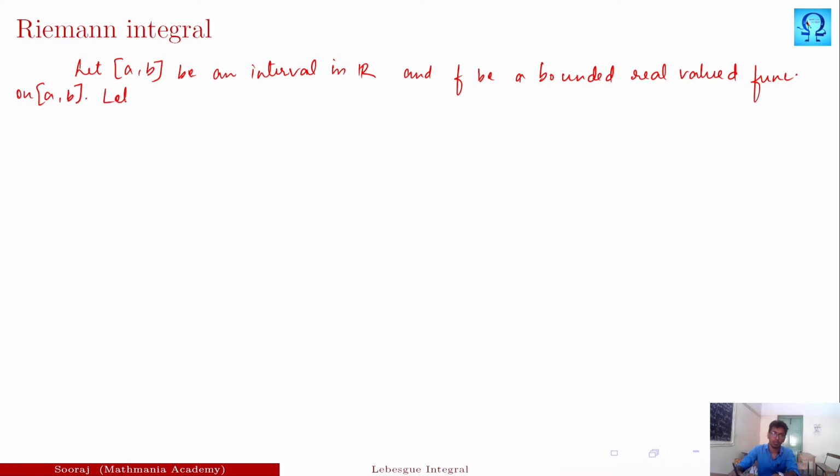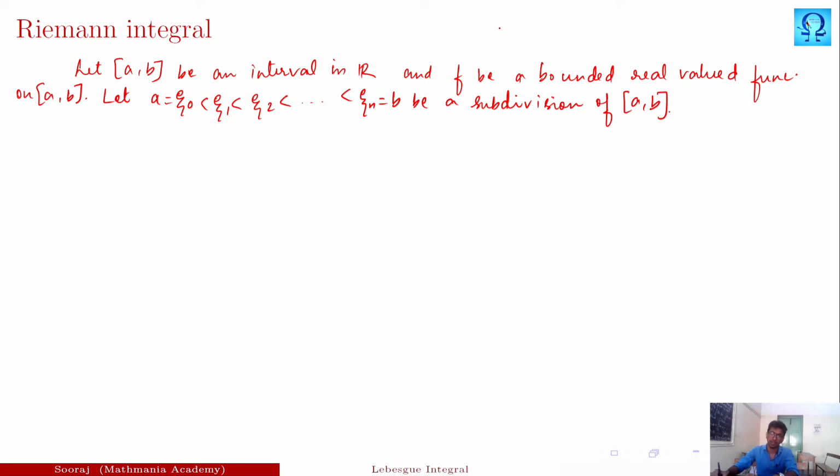Now let us choose a to be x_0, and in between we are choosing some other points x_1, x_2, etc., till x_n, which is nothing but b, to be a subdivision of [a, b].